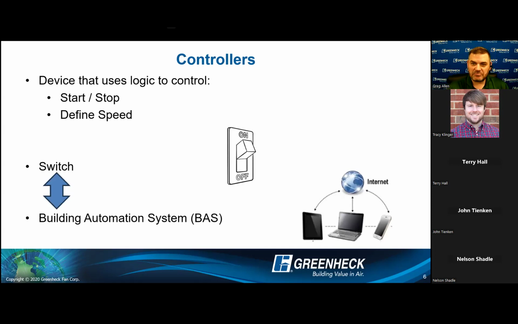If it's a light switch, you personally become the logic behind it. You want it to run or don't run. If it's a building automation system, wow, the world is your oyster at this moment. A building automation system, or building management system, can take sensory input, environmental input: temperature, humidity, time, pressure, relative pressure.